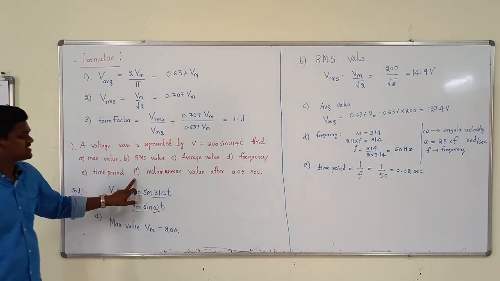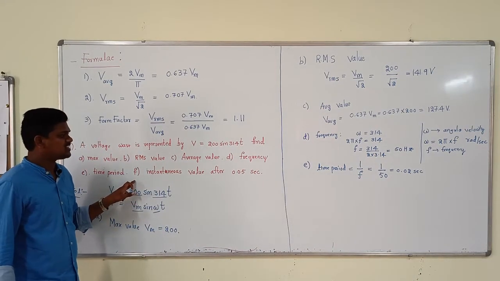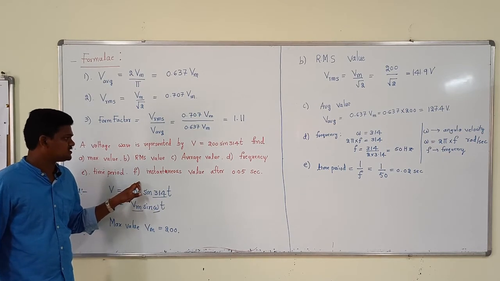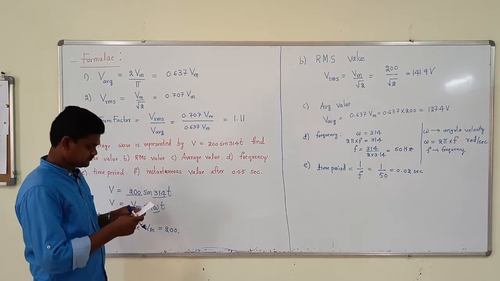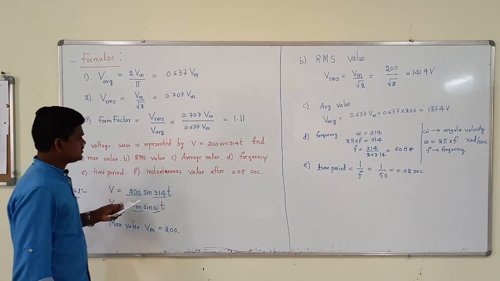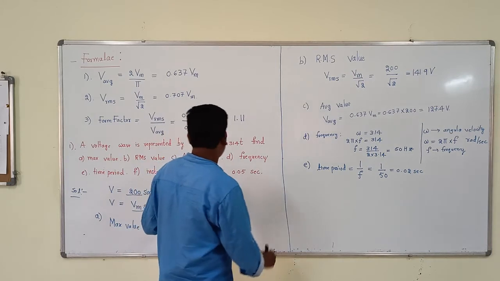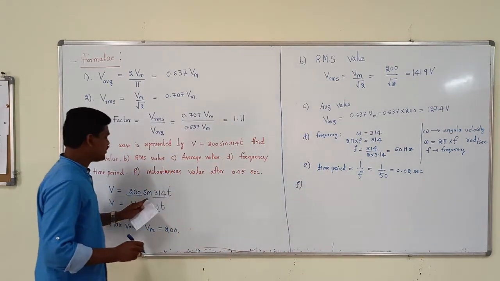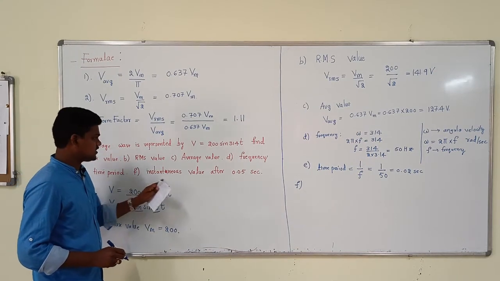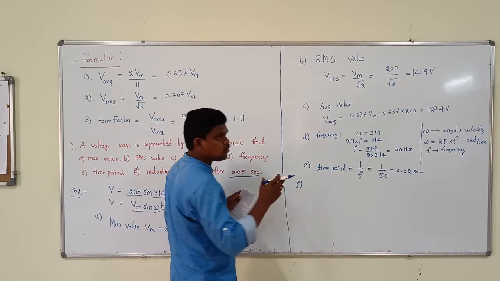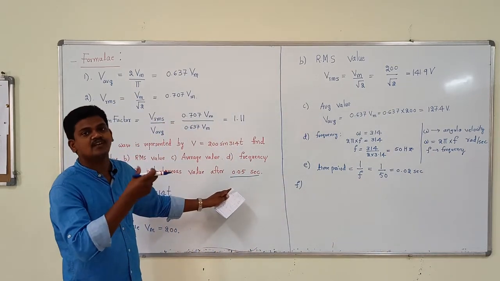Next, the instantaneous value after 0.05 second. It means he has given the t value, and we find the voltage at that time. At 0.05 second, what is the value of the voltage?